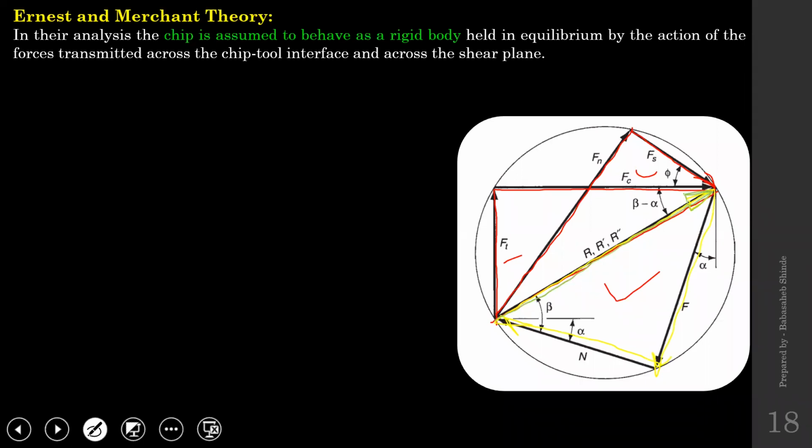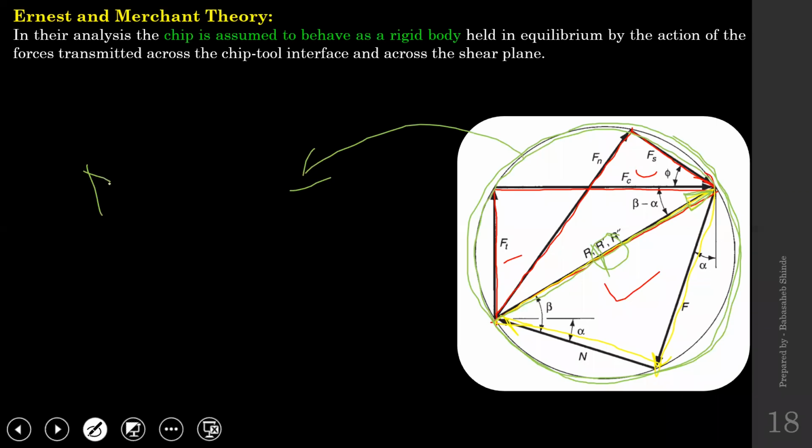So now this resultant is common for those six forces. Okay, and if I locate its center and draw one circle, all the six forces are going to lie on the circumference of this circle, and this circle is called the Merchant circle.